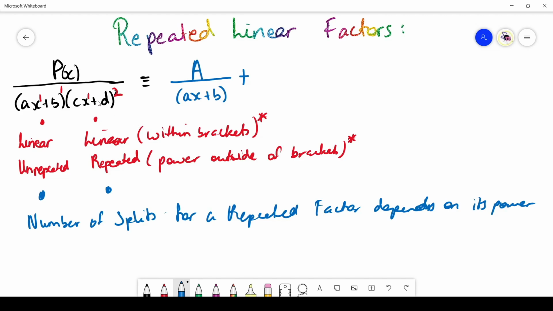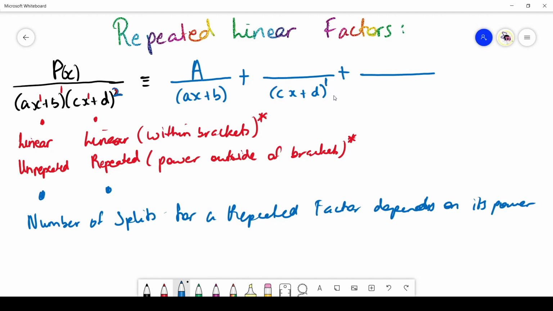So guys, in this question, you can see that the second factor present there, the power is 2. That is how you know how many splits you're going to have for that factor in particular. So that factor is going to give us 2 splits. And there's a special way that you actually need to split a factor that is repeated, but linear. And this is how you go. You write the factor down, cx plus d, whatever is present in brackets, and you start from the power 1.